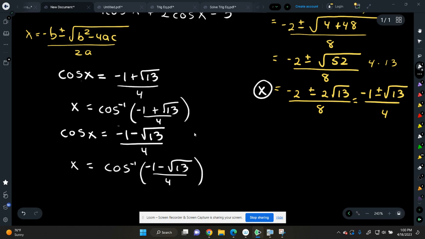Now, I'm not sure if these are going to give us answers or not, right? Because I know the cosine has to be between negative 1 and 1. So we're going to double check and see if this works.